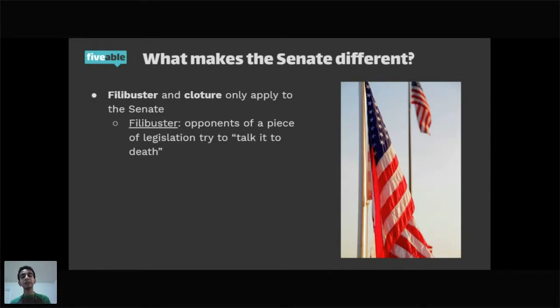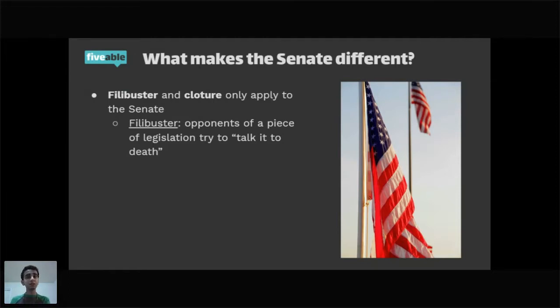Let's say a Democrat puts forward a piece of legislation, and it's unpopular among Republicans. What Republican senators can do is stage a filibuster. Basically they just talk and talk and talk until the people that want the bill to be passed are like, okay, it's not worth the effort, and they stop. That's literally what a filibuster is.